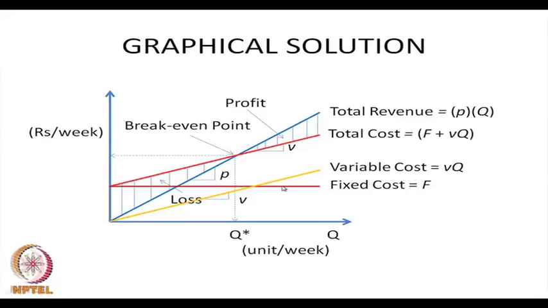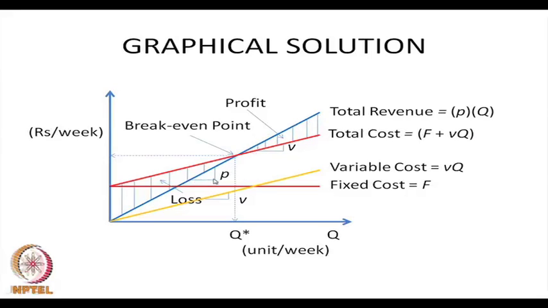Therefore, the total cost, which is the fixed cost plus the variable cost, is this line, which is equal to F plus V Q. And now, we look at the revenue line. Revenue line is this blue line.